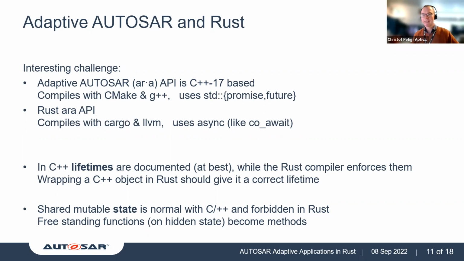But there is a catch, of course. Adaptive AUTOSAR is fully specified in C++, and it's also programmed in C++. It compiles with CMake and G++, typically within a Yocto environment. And Rust typically uses the cargo build environment and an LLVM-based compiler.